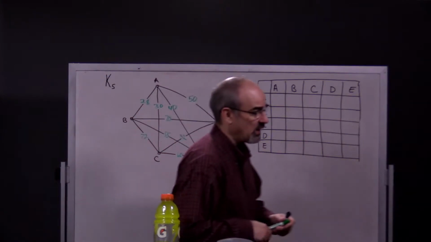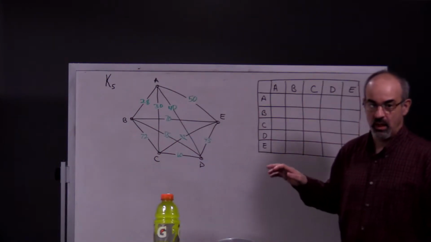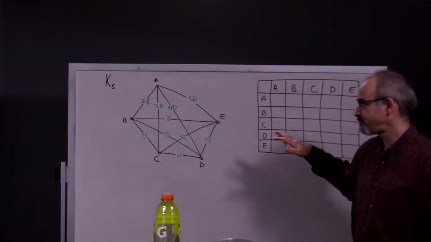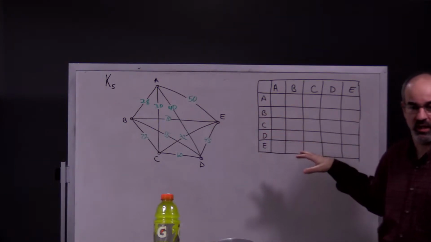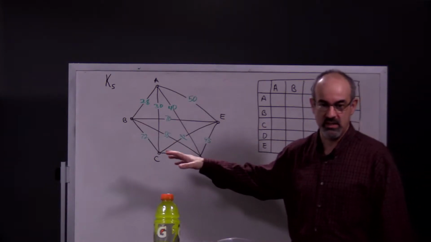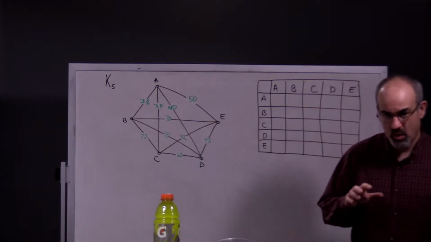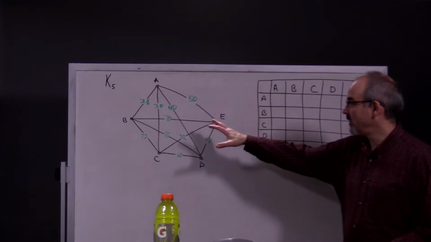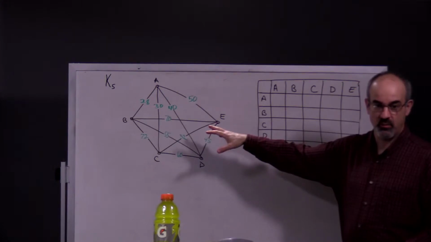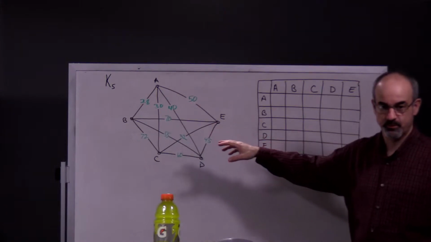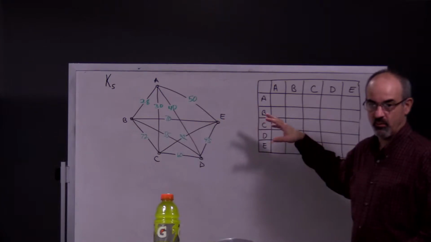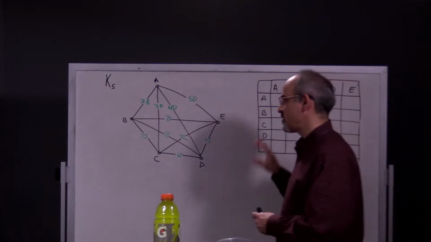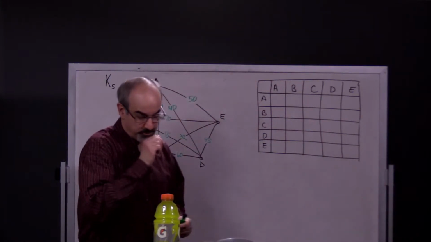So I just wanted to show you how to do the nearest neighbor algorithm for K5 using a chart. Even though it's easy just to use a graph, we'll do it both ways in this video. We'll do the nearest neighbor algorithm starting with A, and then we'll use the graph, and then we'll do it with the chart, just to show you how to use the chart.